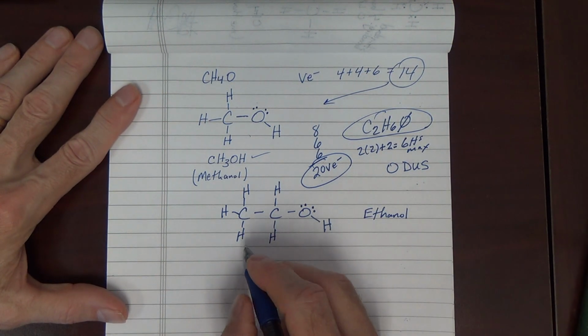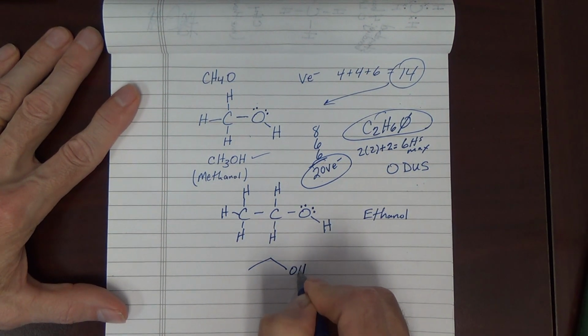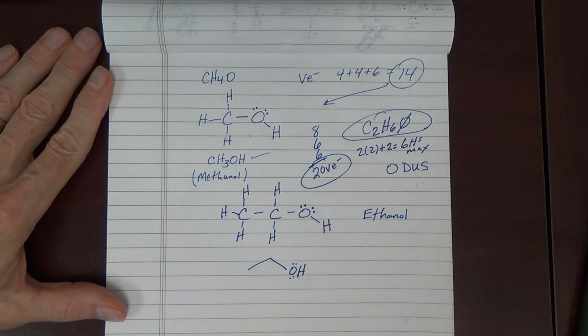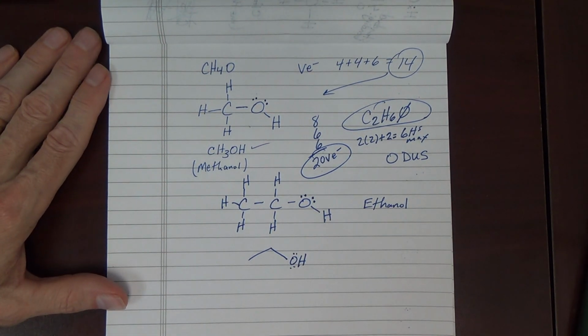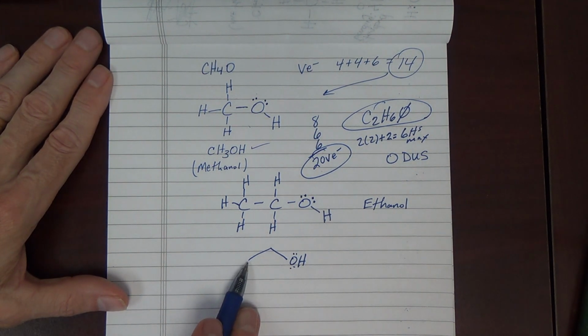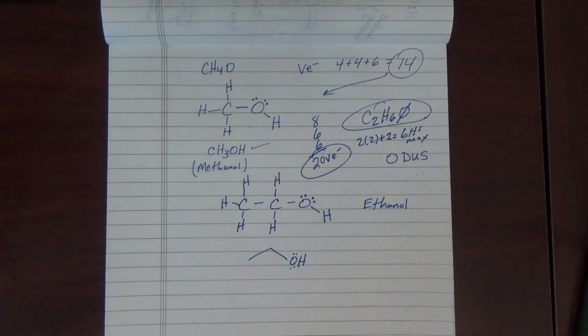We could just draw a line bond. You might see ethanol just drawn like that, or we can show the lone pairs. So you see the two carbons here, and you see the three H's on this carbon. You see the two H's on that carbon. So this would be a line bond structure.